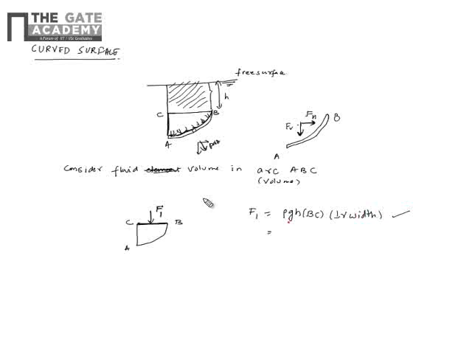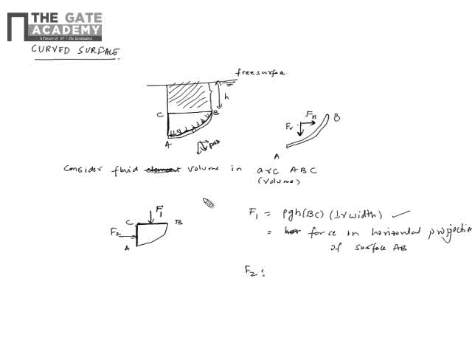F1 is the force on the horizontal projection of the curved surface AB. Here you also have water to the left of AC, so you get another force F2, like that on a vertical surface.